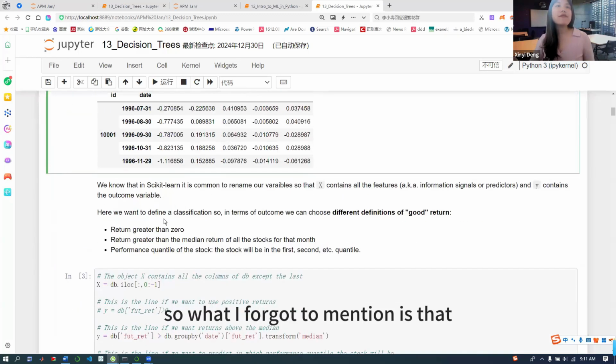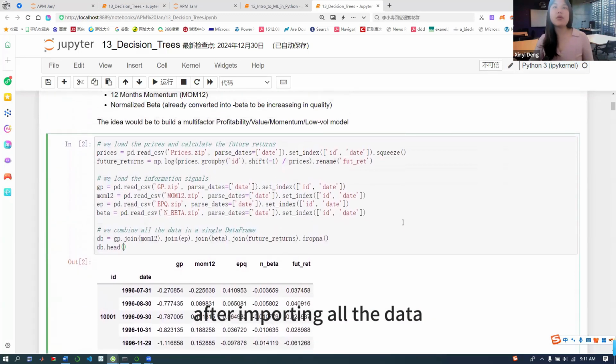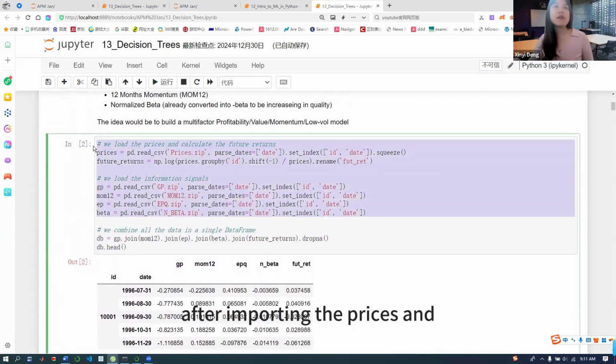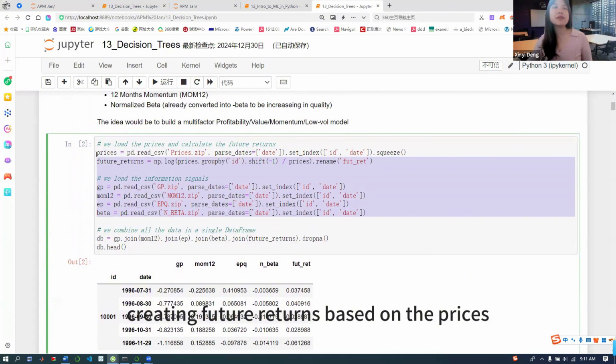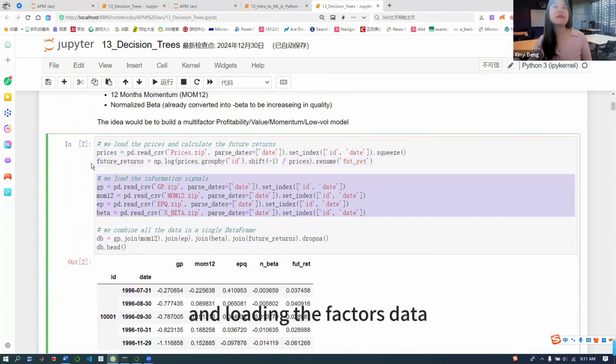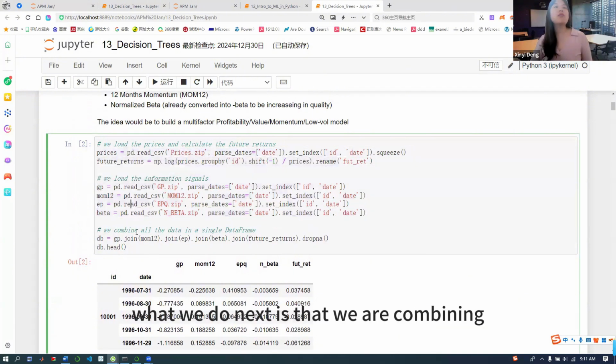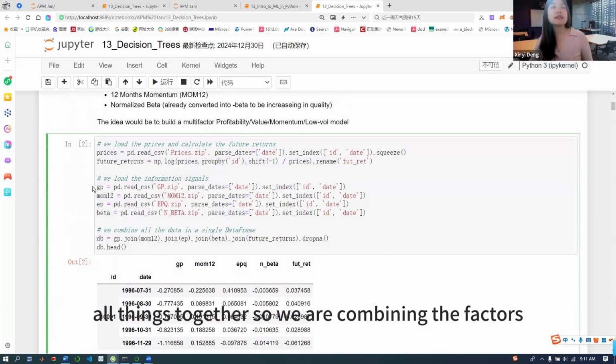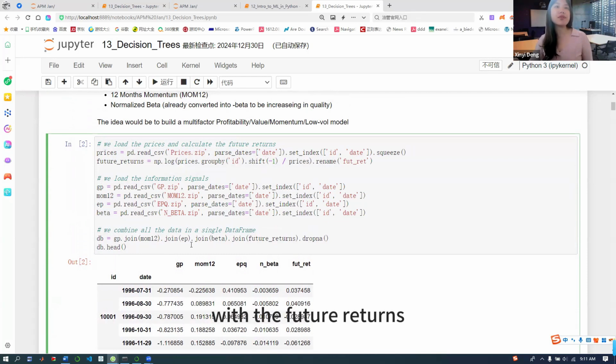What I forgot to mention is that after importing the prices, creating future returns based on the prices, and loading the factors data, what we do next is combine all things together. So we are combining the factors with the future returns.